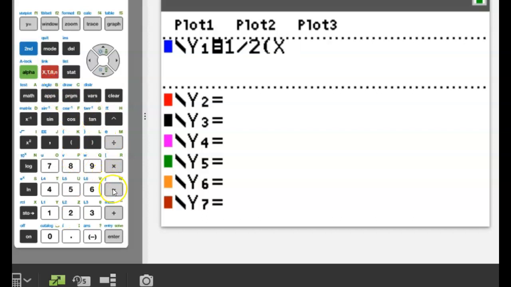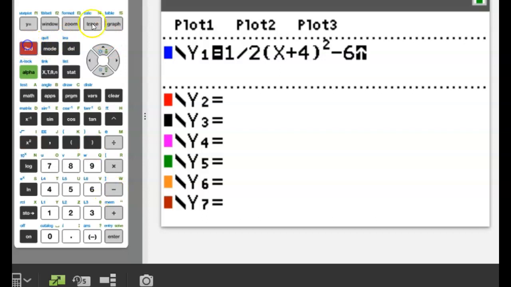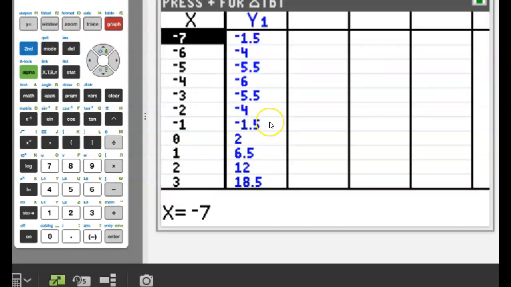X, somebody read it to me. What is it? Plus 4 squared. And then a, thank you. And then if you go to the table, here are some nice ordered pairs, okay? By the way, are the zeros anywhere on that list?